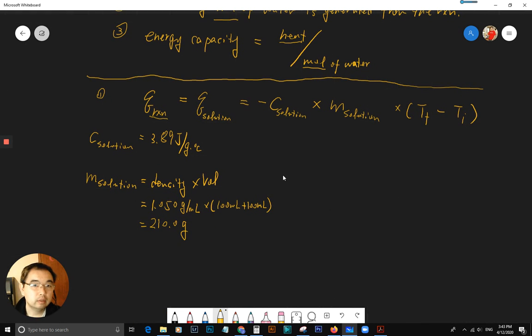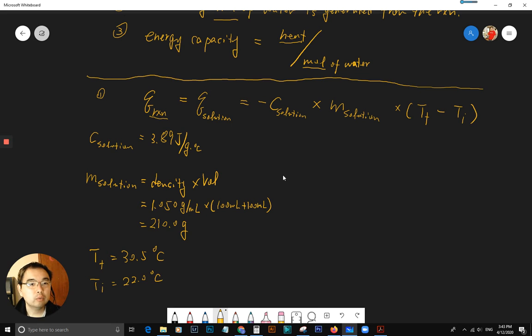The final temperature we know is 30.5 Celsius, and the initial temperature is 22.0 Celsius.